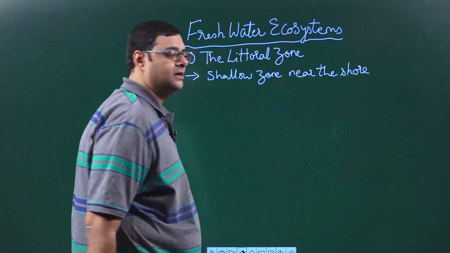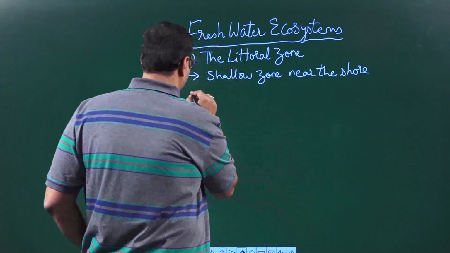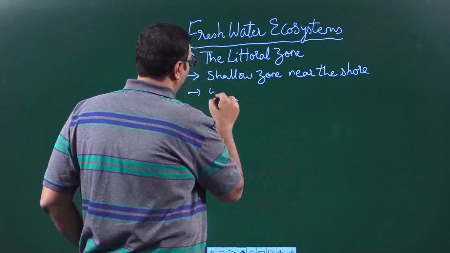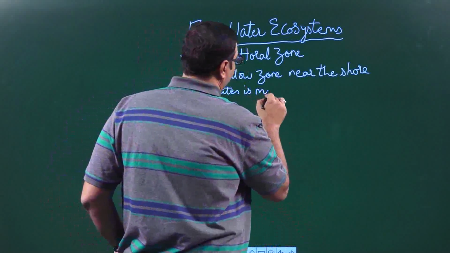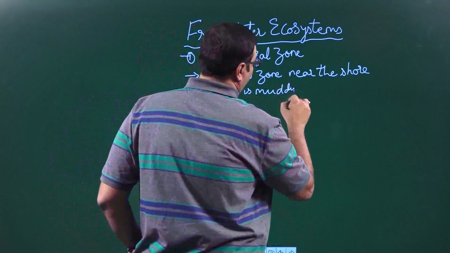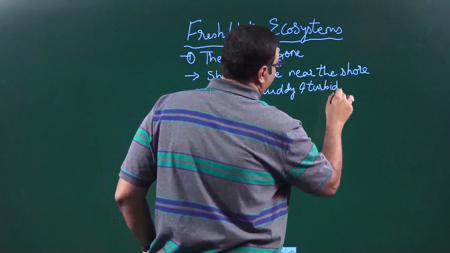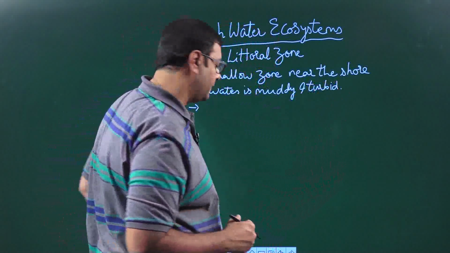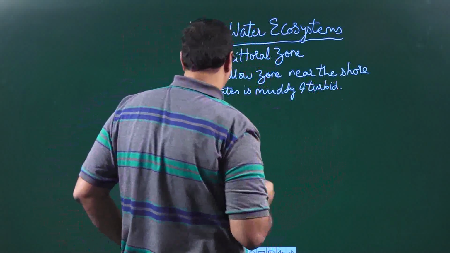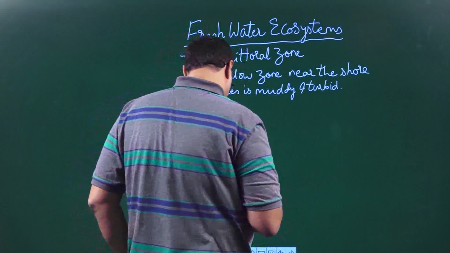Here the water is muddy and turbid. Turbid means there is a lot of disturbance; it is very murky.